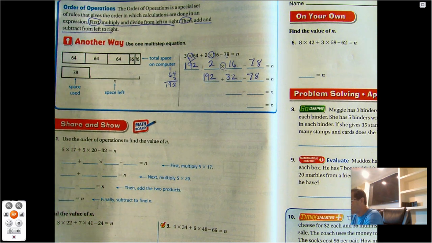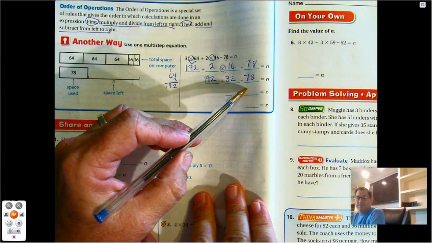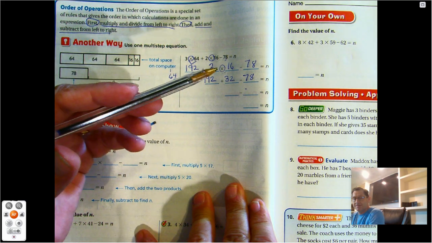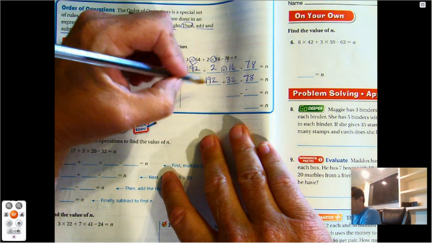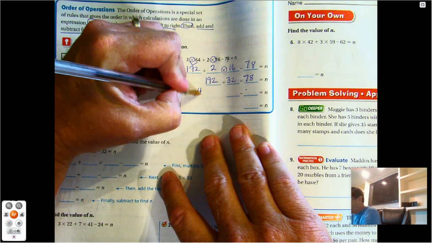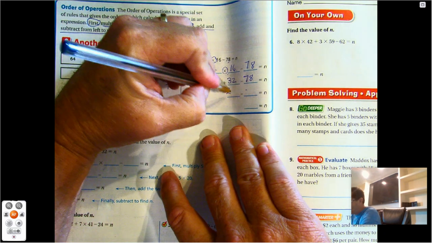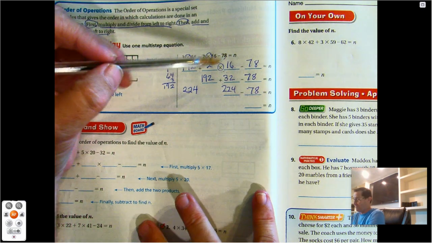Now I have addition and subtraction. And the order of operations states when you have addition and subtraction left, you just go left to right. So 192 and 32 is 224. Take away 78. So I added 192 and 32 and got 224.